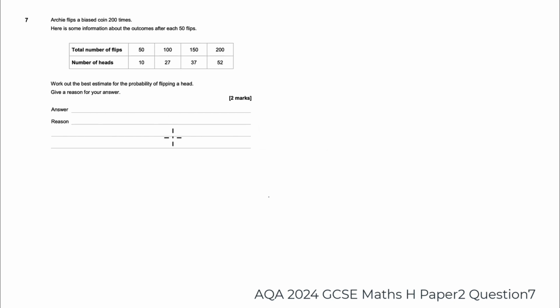Now, we would say that the more trials, the better the estimate. So the most trials we can include would be use the 200.